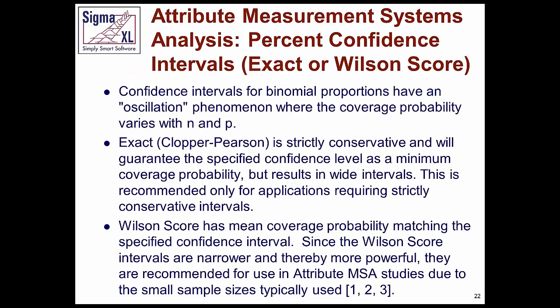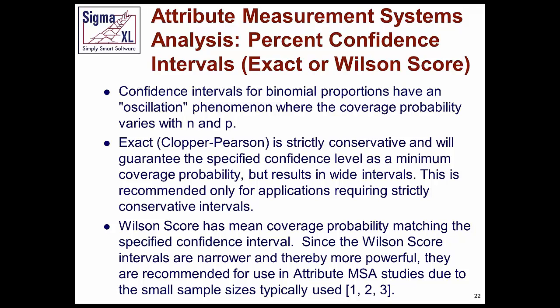We've added types of confidence intervals. Basically, in the templates of version 6.2, when you're doing a two-proportion test, we allow you to run an exact confidence interval or a Wilson score confidence interval. Now, the nice thing about the Wilson score is that it is more powerful in that the confidence intervals are narrower. When you're dealing with attribute MSA, that's actually a plus because often your sample sizes are small, and you really want the most powerful tools at your disposal.